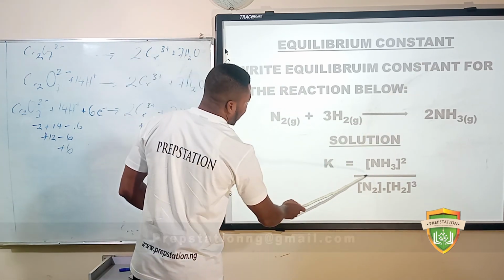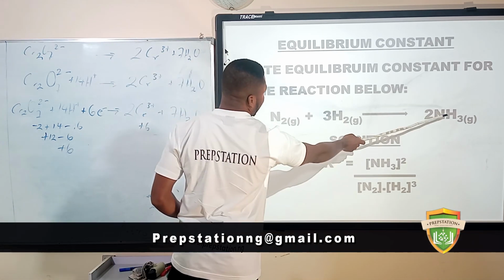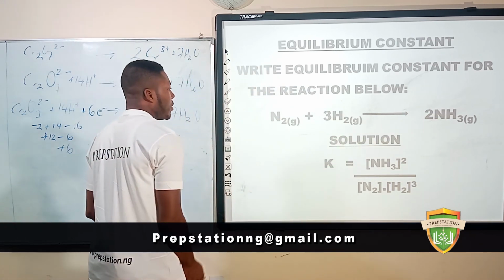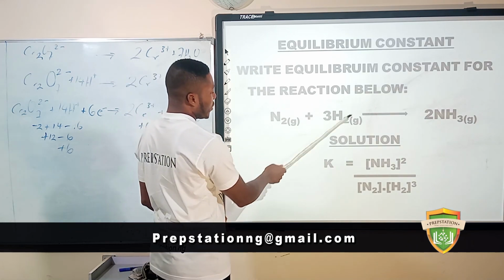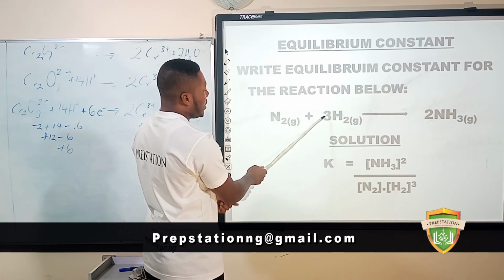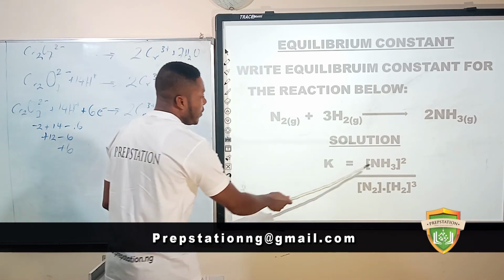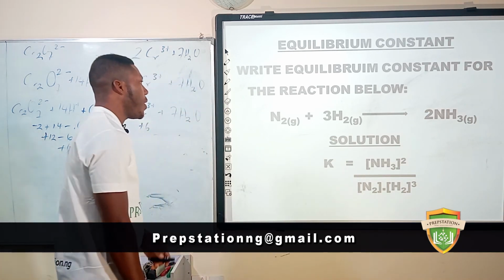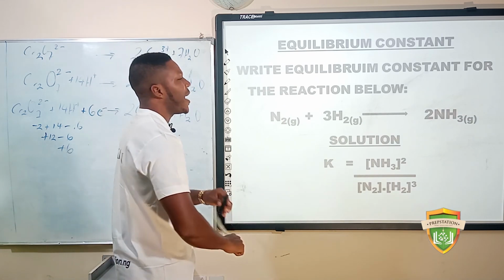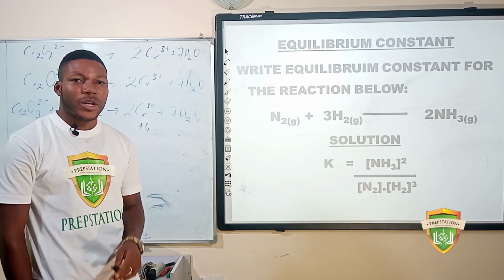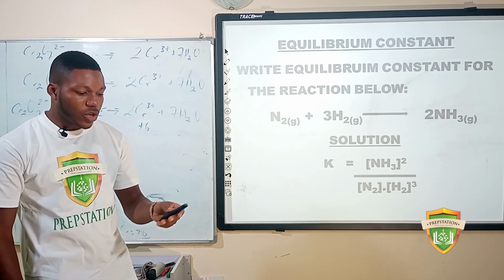Now this curly bracket stands for concentration. The concentration of ammonia, which is my forward reaction, ammonia, all over the concentration of nitrogen times the concentration of hydrogen. Their moles are used as superscripts. So if these moles are not like this, you are not correct in writing the equilibrium expression. And don't forget, this only applies to gaseous substances in a chemical reaction, not aqueous solution, not solid, not liquid, but mostly gaseous substances.